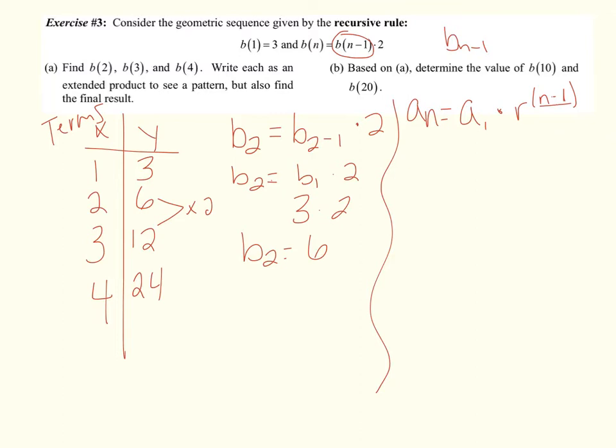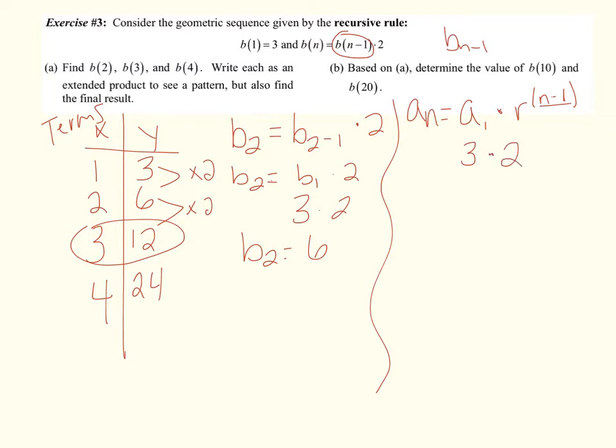Let's take a look at this. If I wanted to use this formula here to find these patterns, watch what I'm going to do. I'm going to say, okay, in order to find how many times did I multiply to get my third term? Well, I multiplied it 2 times. I had to multiply it here by 2. I had to multiply there by 2 in order to get my third term, right? So you're always taking one less than you're looking for. So that's what we're going to do. So A sub 1 is 3 times my ratio, common ratio, which is 2.